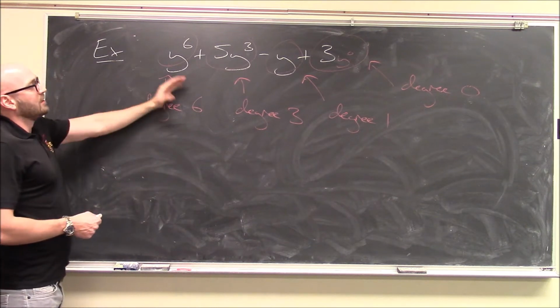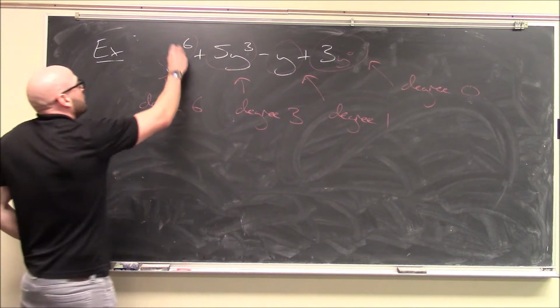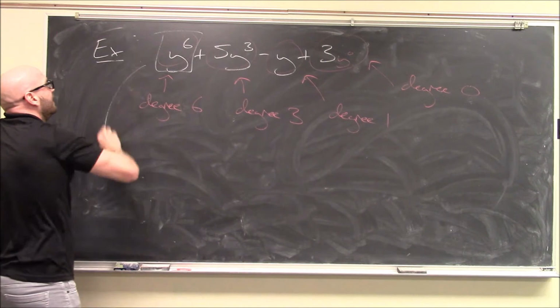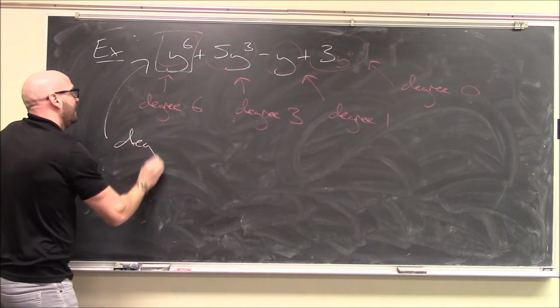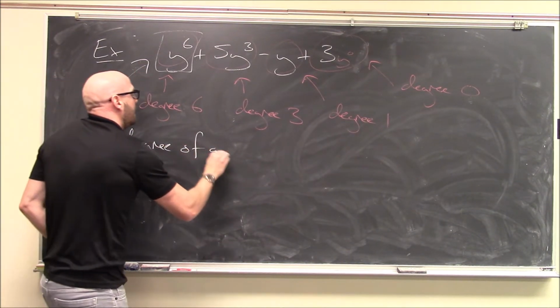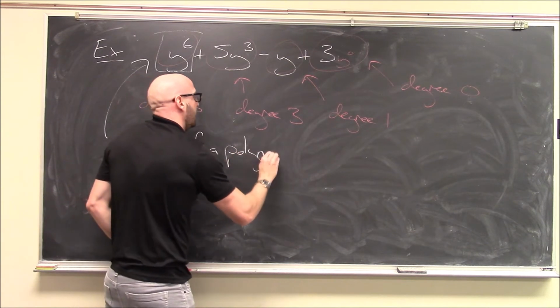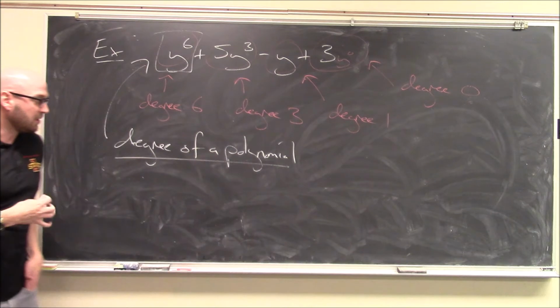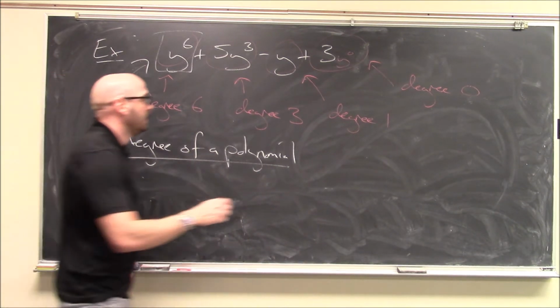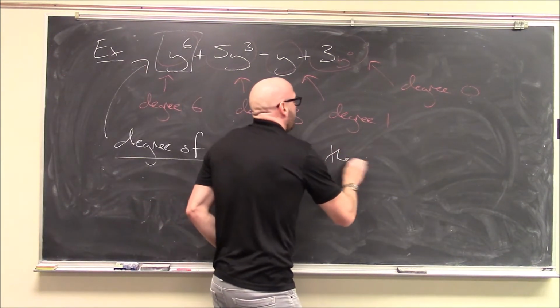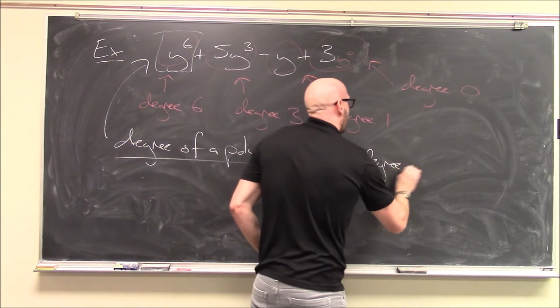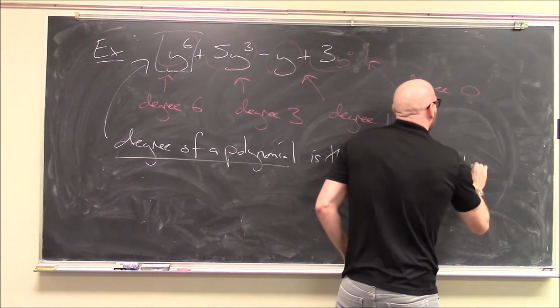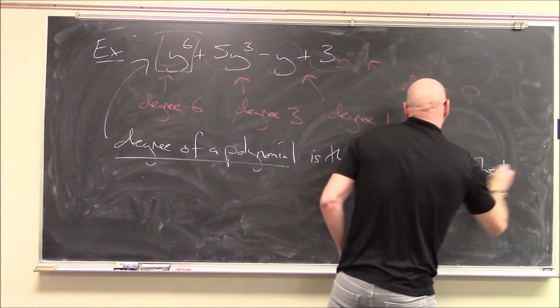And if I order them in terms of highest degree, then all I have to do is look at the first term, right? So the degree of a polynomial, right? Not just the degree of individual terms. The degree of the polynomial on the whole is the degree of the highest degree term.